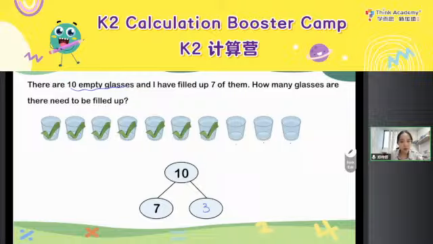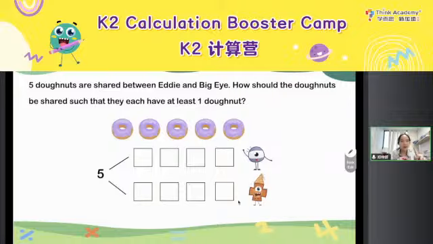Very well done. Oh, this is very interesting. So I can see that in my birthday party, I have so many desserts in here, right? So now I have the donuts. For the donuts, it is shared. We have 5 donuts to be shared between Addie and Big Eye.